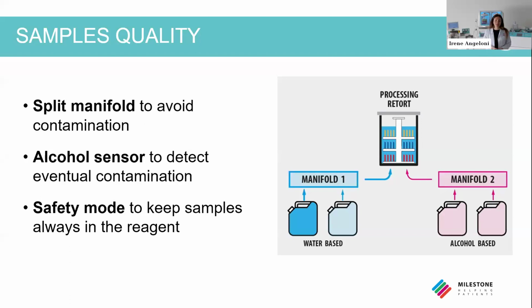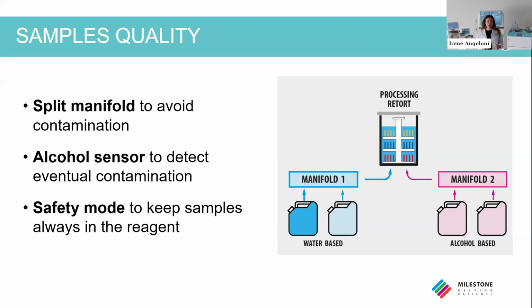So also learning from this, we have introduced in our units a split manifold that avoids the contamination between reagents. And again, the alcohol sensor that detects eventual contamination between reagents. So very important to keep the purity of the reagent.